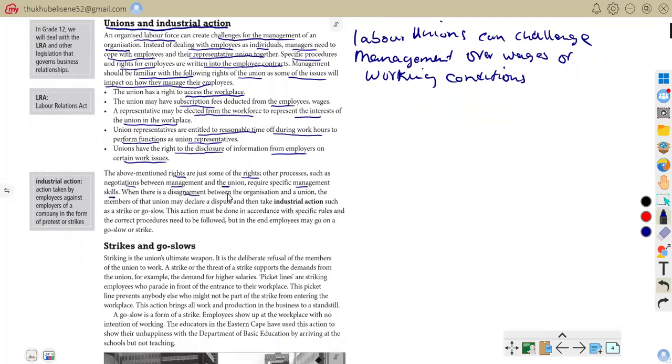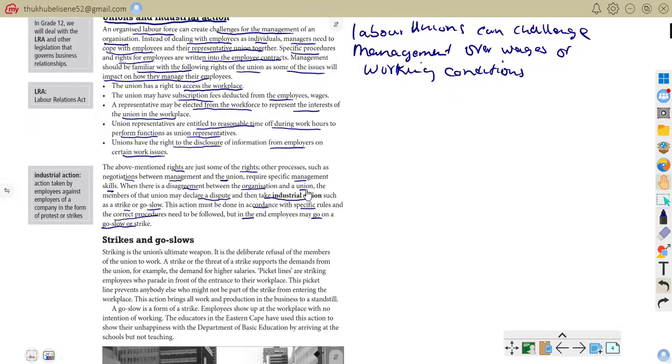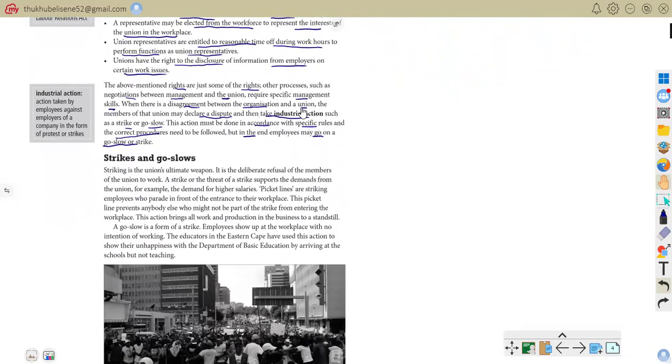When there is a disagreement between the organization and the union, the members of that union may declare a dispute and then take industrial action such as a strike or go slow. This action must be done in accordance with specific rules, and correct procedures need to be followed. But in the end, employees may go on strike. Now let us see what a go slow is all about.